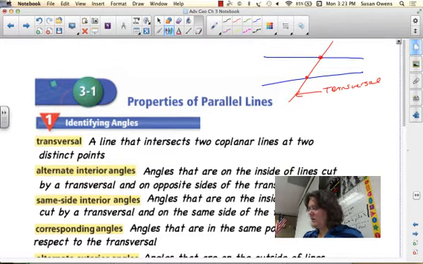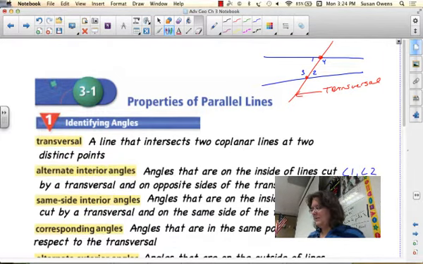So we can talk about this angle right here, angle 1, and this angle right here, angle 2, and these would be alternate interior. So down here I'll put angle 1 and angle 2. Okay. There's also another set. We could also do the ones that are on the other side. So angle 3 and angle 4 would also be alternate interior angles.